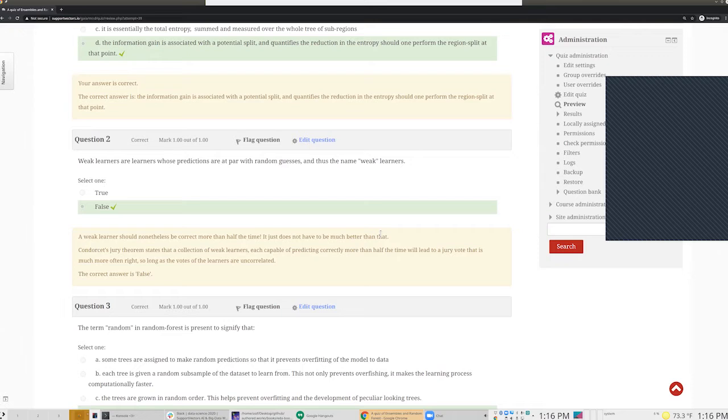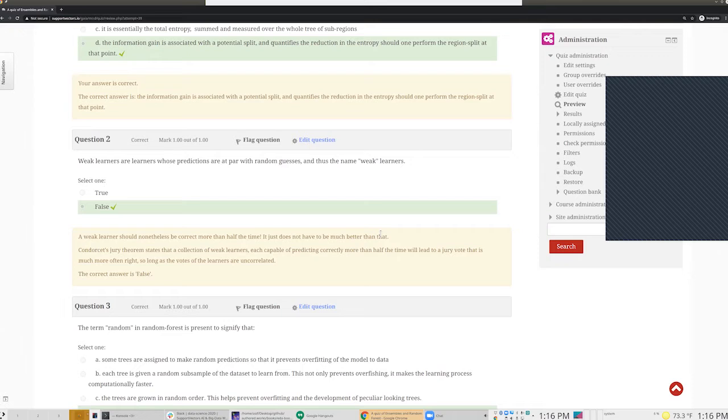If it is right less than 50% of the time, the noise will accumulate. If it is right more than 50% of the time, that is when you get a strong learner by taking an ensemble of weak learners. So that is the whole point.